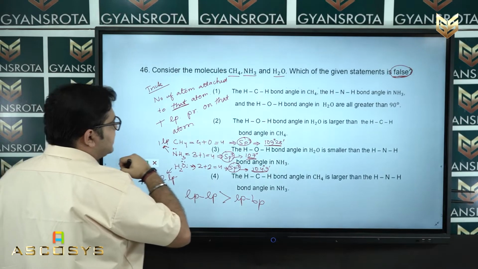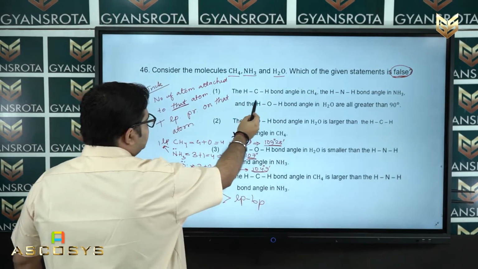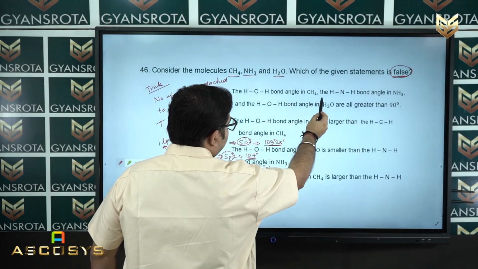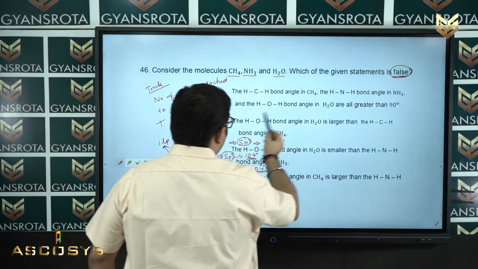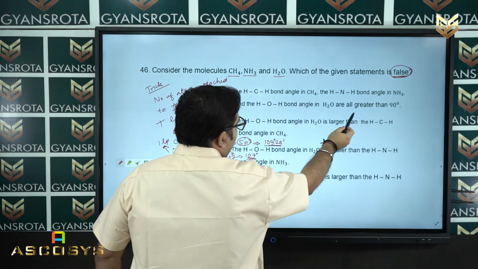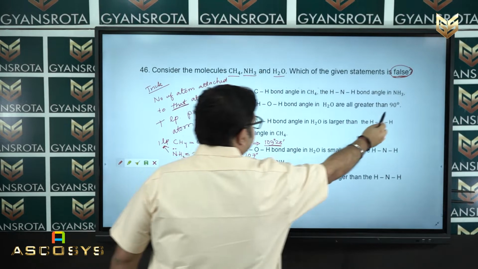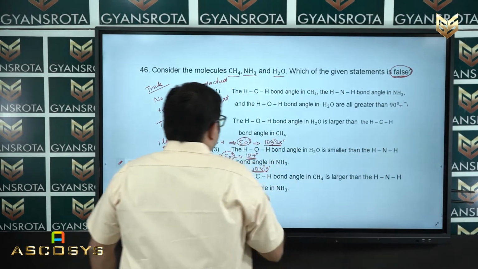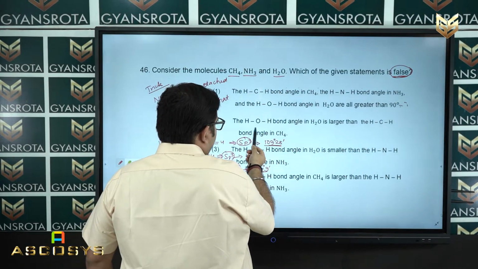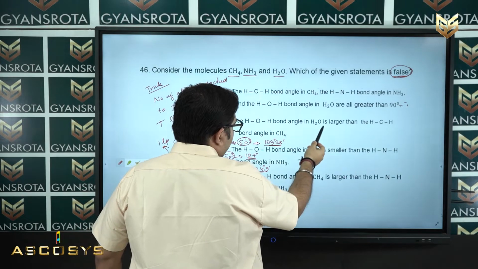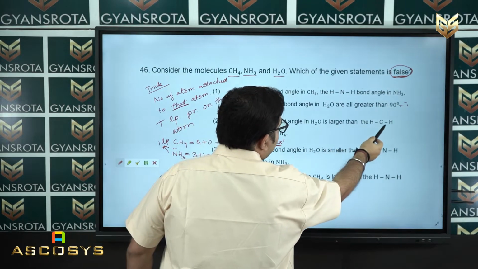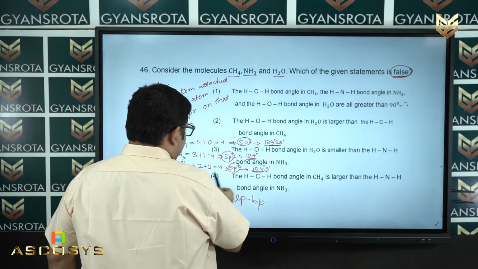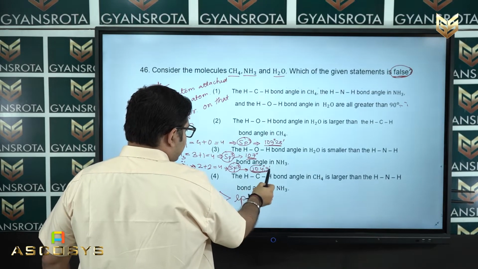Now we see the statements. The HCH bond angle in methane, the HNH bond angle in ammonia and the HOH bond angle in water are greater than 90 degree. Yes, that is a true statement. Now, second: the HOH bond angle in water is larger than the HCH bond angle. In water what bond angle are you getting? 104.